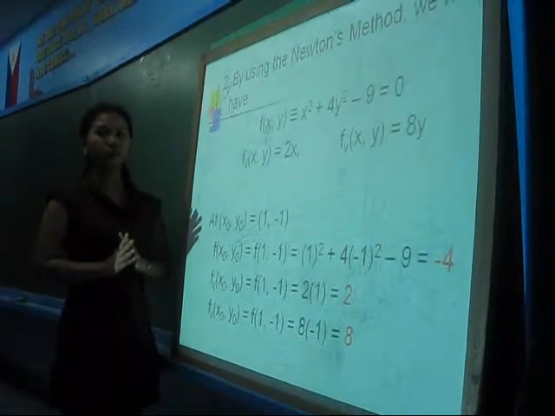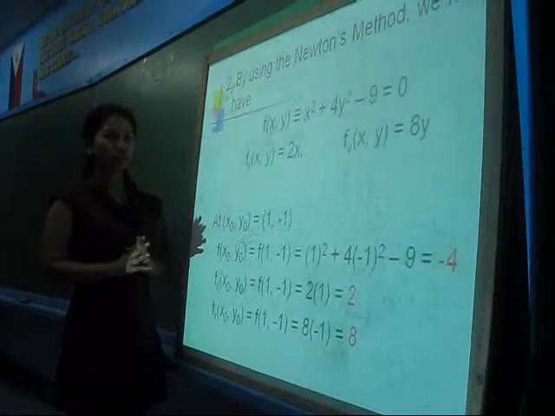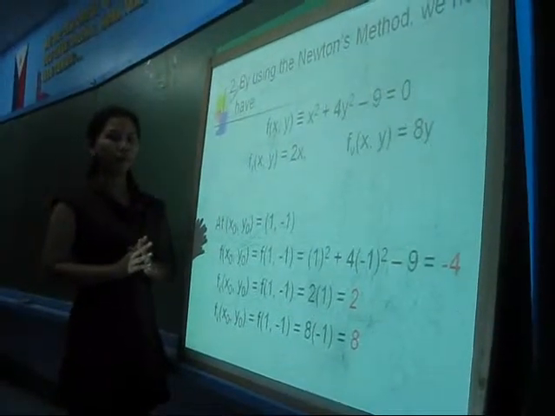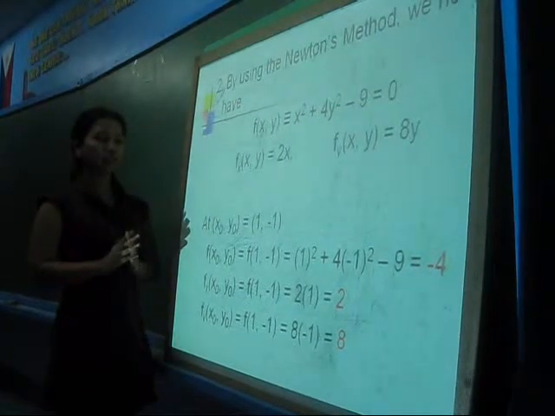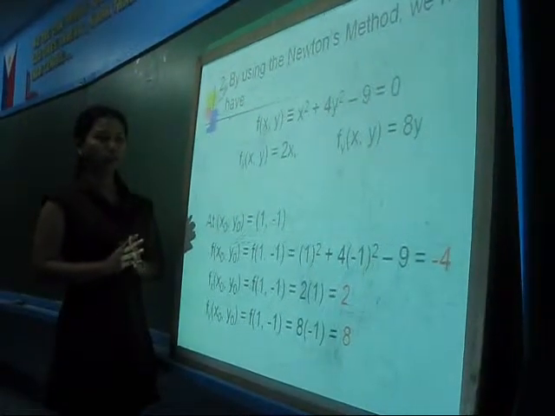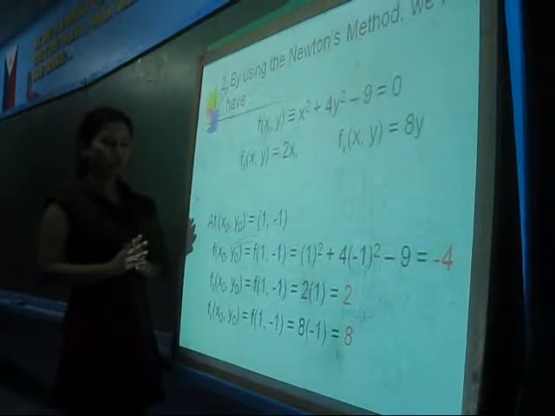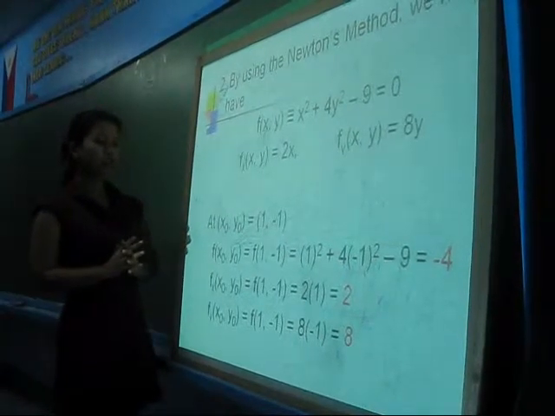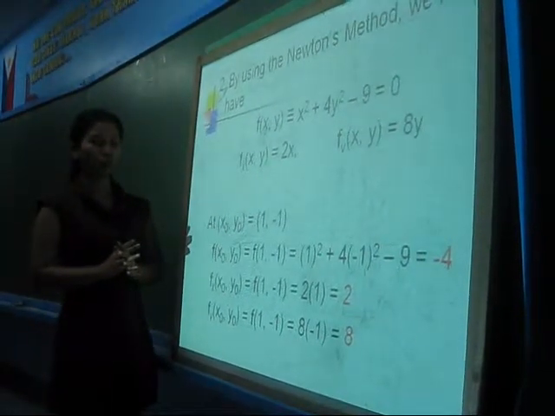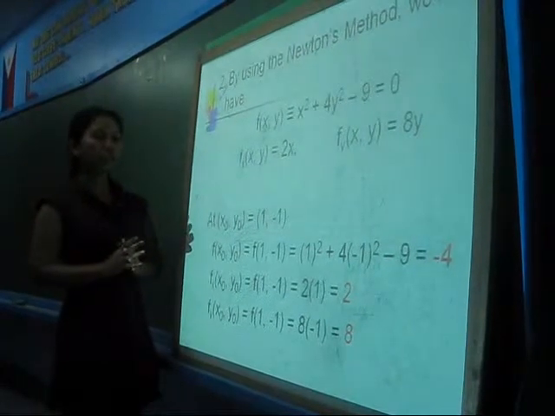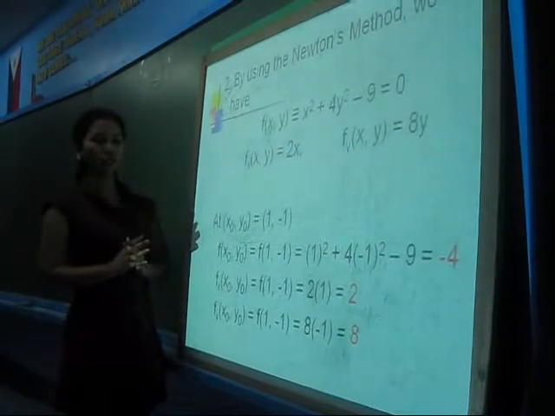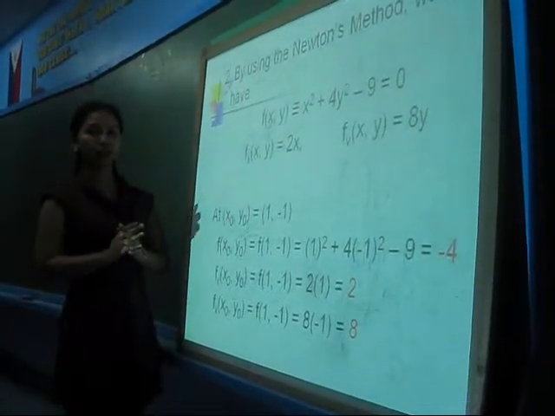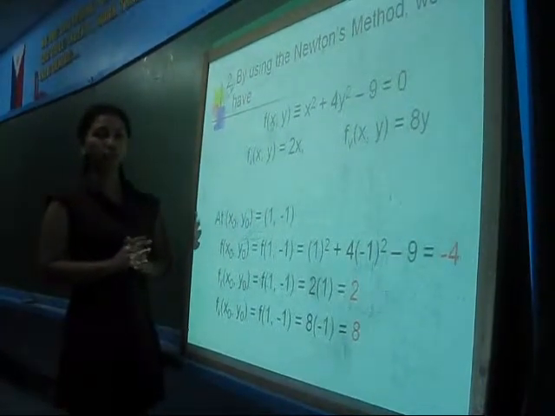Since in the previous graph we have a solution that is approximately 1 and negative 1, at x sub 0, y sub 0 it is equal to 1 and negative 1. So f of x sub 0, y sub 0 is equal to f of 1, negative 1, which is equal to 1 squared plus 4 times negative 1 squared minus 9, equals negative 4, by substitution method.